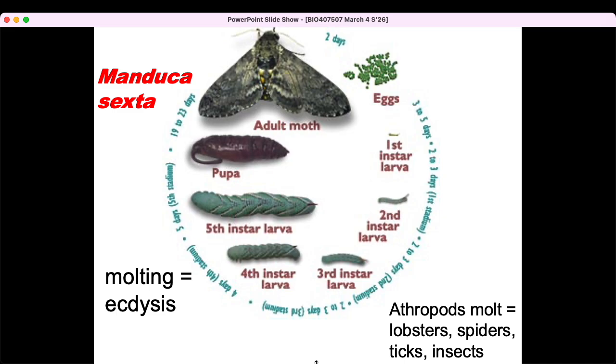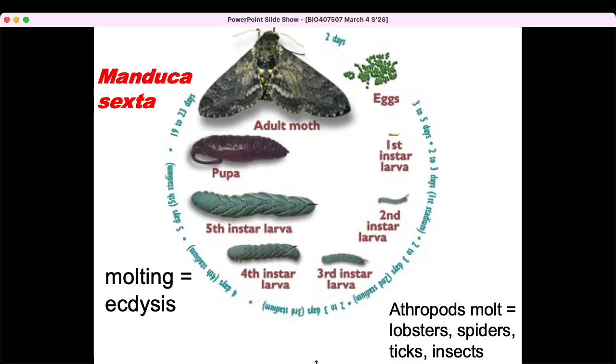The reason I was asking what is going on is that ecdysone has been known for a long time, because the word ecdysis is the word for molting in arthropods.